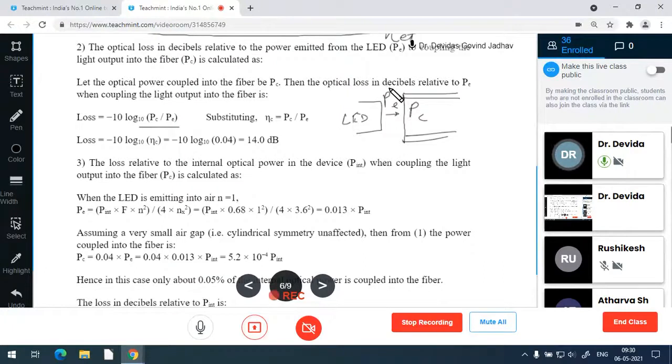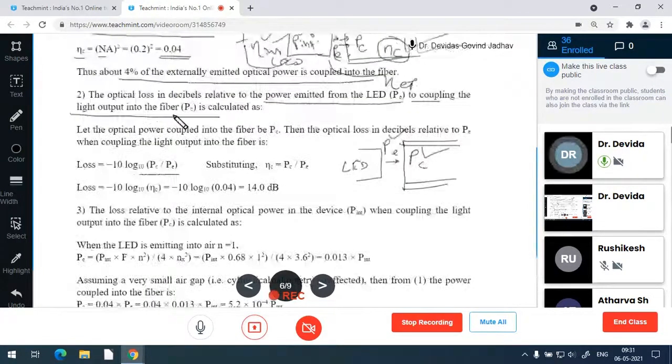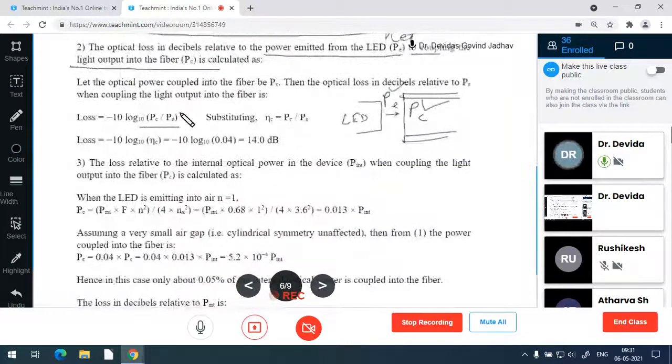What is the ratio of coupled power to emitted power? That gives the loss. So the optical loss in decibels relative to the power emitted from the LED, P, to the light output power coupled into the fiber, PC.